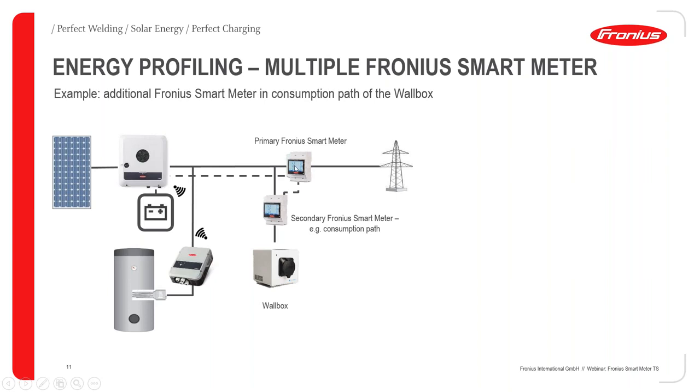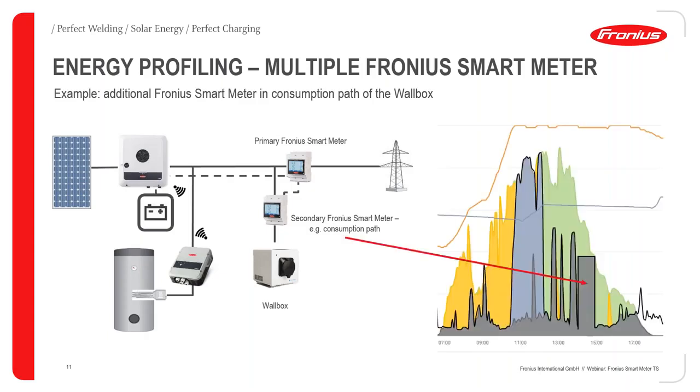That's the reason why the inverter knows how much surplus energy we have in the system. And in this case, the customer also decided to have a secondary smart meter in the consumption path of this wall box. So he's got an electric vehicle and wants to know exactly how much energy he's charging up his electric car with.